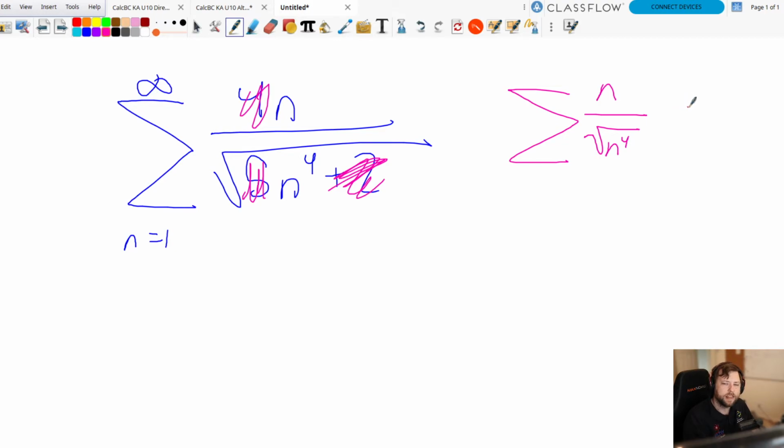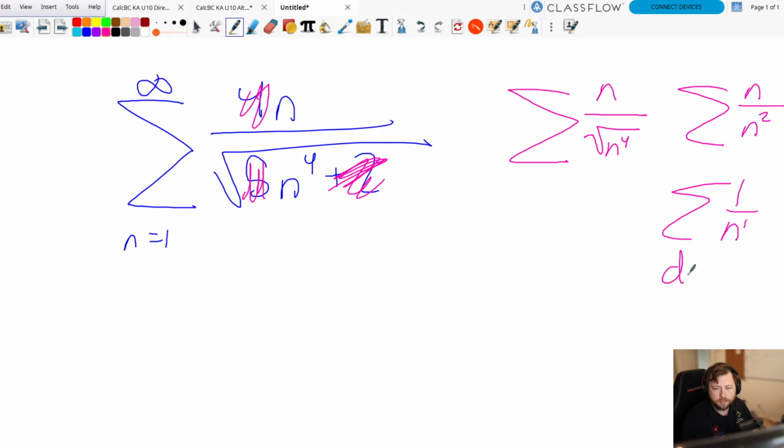So I can rewrite that as n over n squared. Which you can cancel out one of those n's, and it's close enough to 1 over n, the 1 power, or n. And we know this diverges by the p series.